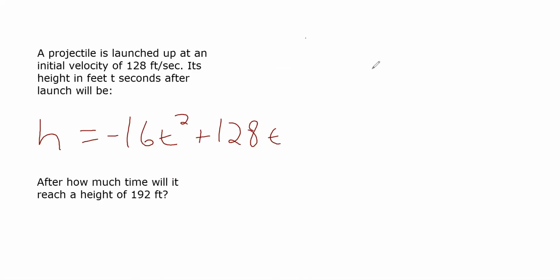So for our setup, we're going to plug 192 in for the height. The rest of it has to be written with that variable t. And that's kind of just how it goes. So now you look at that thing and you say, well, Mr. Gunther, the numbers are awful large there. And yes, I would agree with you.